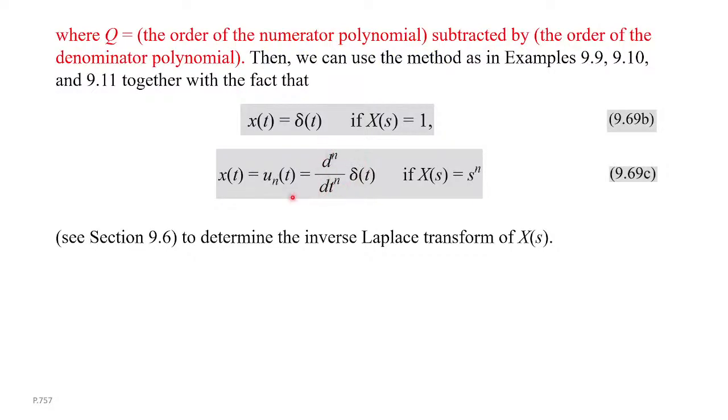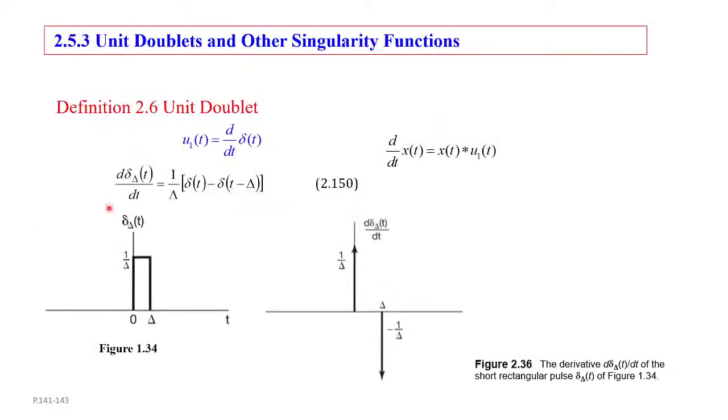They are the nth differential of delta of t. So just a reminder about what the u of n are. We have u1 of t defined as the differential of delta of t, and they are really singular functions.